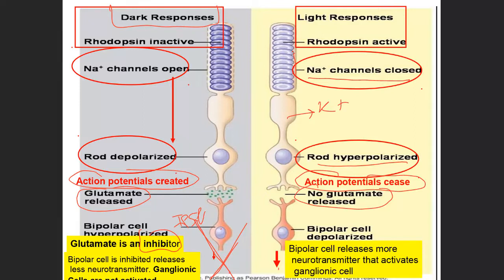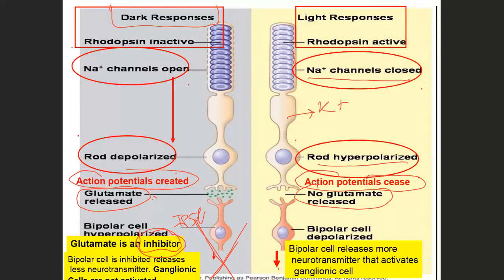So what you need to know from here is that the dark response of photoreceptors is when the photoreceptor is depolarized, creating action potentials, releasing glutamate. Glutamate is an inhibitory neurotransmitter, and so there is no more signal going into the bipolar and the ganglionic cell. You should know what light does to the photoreceptor.